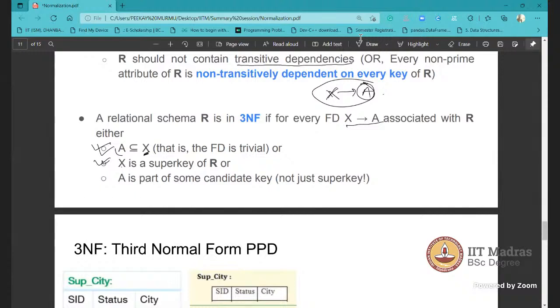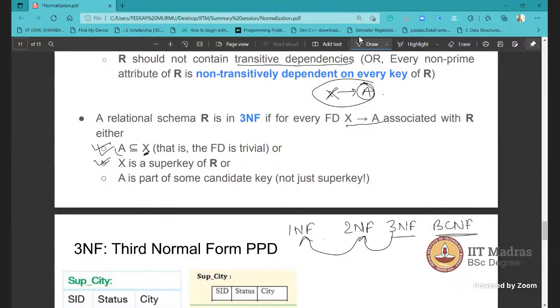So we can conclude the hierarchy: the first normal form, second normal form, third normal form, and the BCNF, right? A relation which is in BCNF is also in third normal form, and also in the second normal form, and also in first normal form, right?